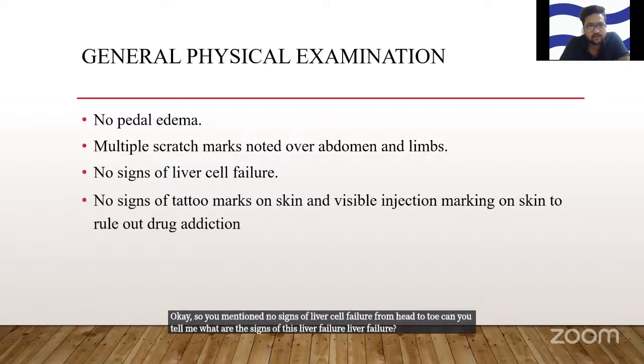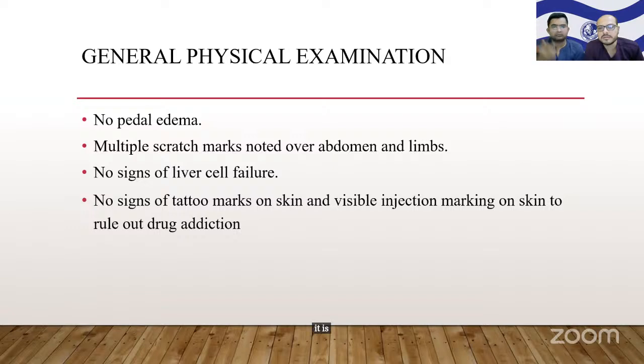It is alopecia, xanthomas, bilateral parotid gland enlargement, fetor hepaticus, loss of axillary and pubic hair, gynecomastia. There is also palmar erythema, Dupuytren's contracture, testicular atrophy, and also asterixis is noted, flapping tremors.